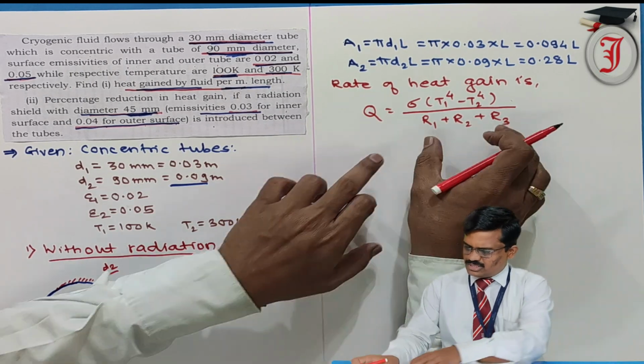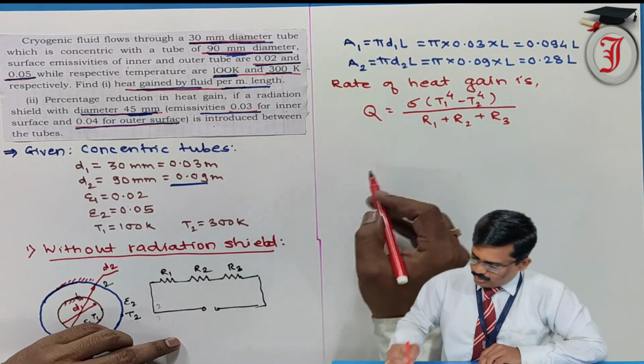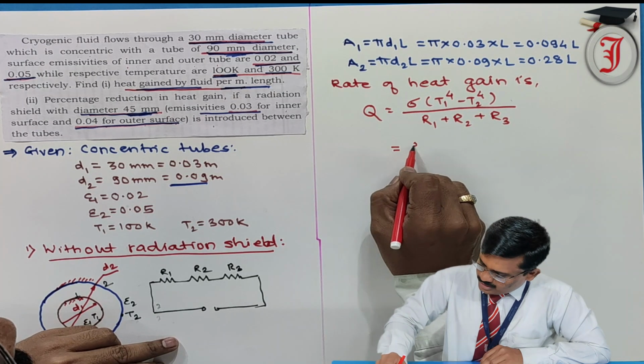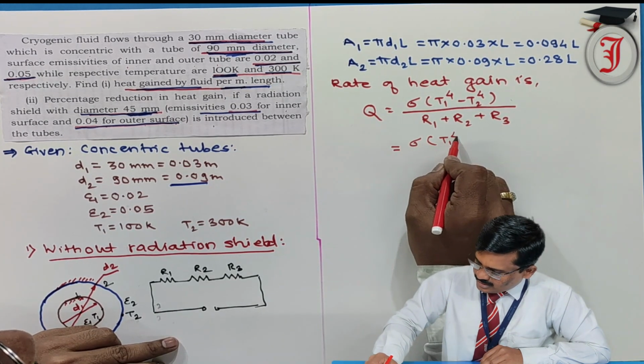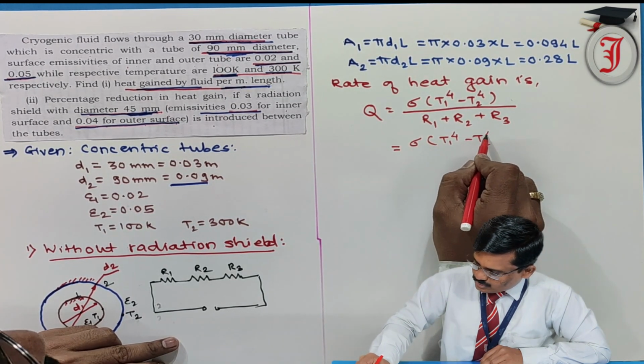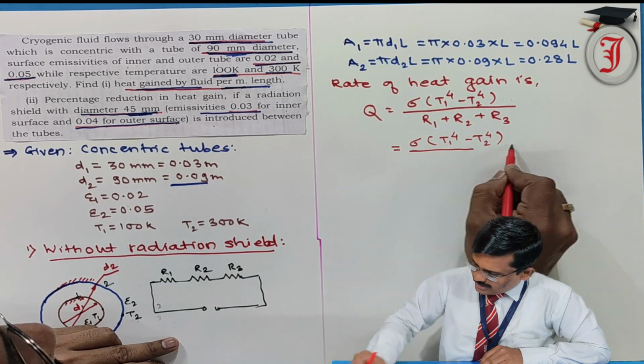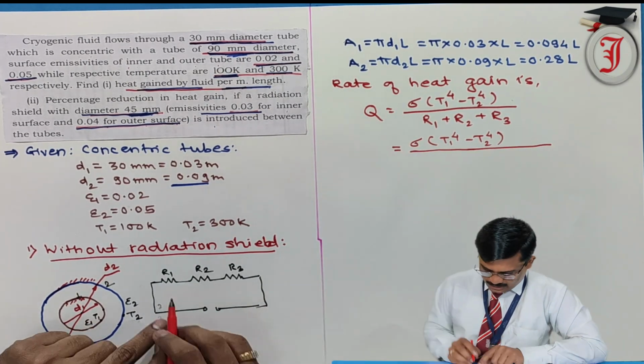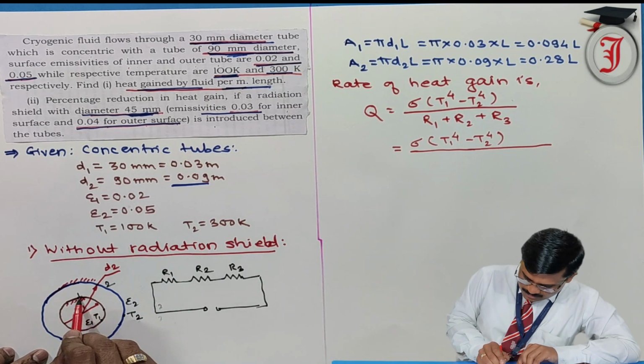So these are the resistances. Let us put in the equation for the resistances. Sigma (T1 raised to 4 minus T2 raised to 4) divided by R1, where R1 is the surface resistance for the first surface.